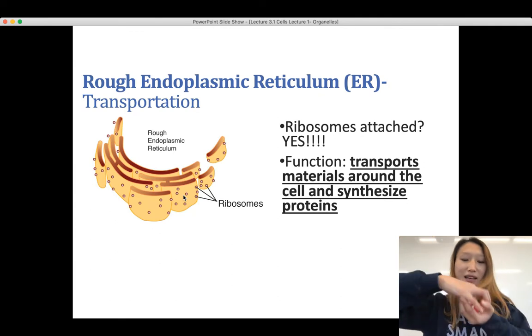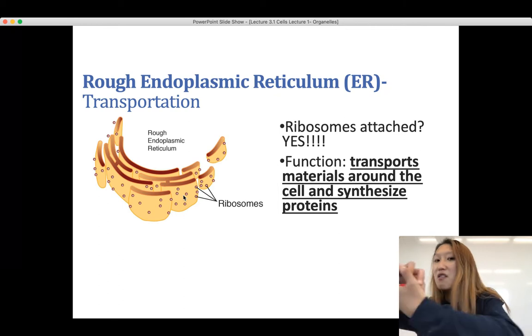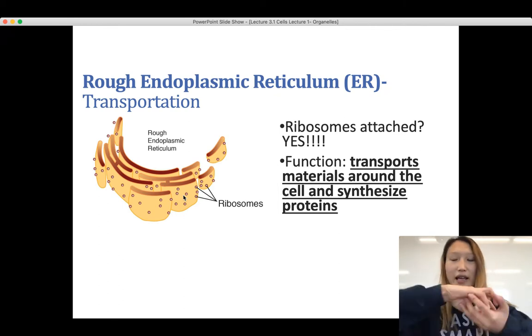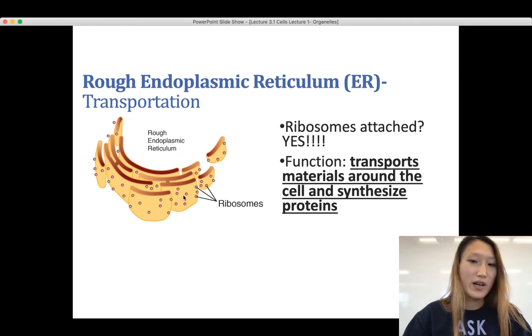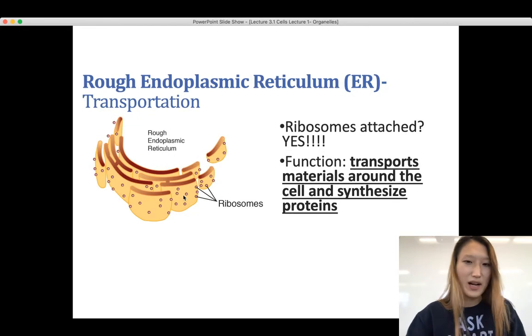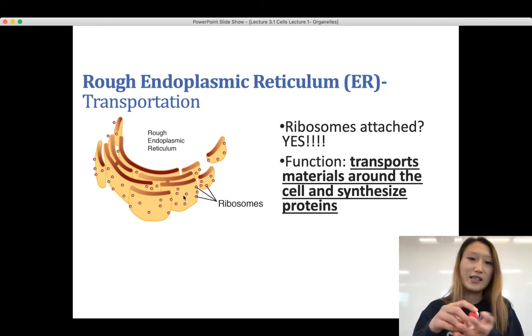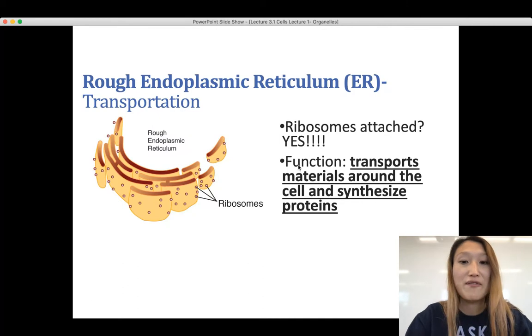This is a good thing because now this vesicle can go to a specific place inside the cell. It can move on, right? It's kind of like if you make cupcakes at the house, but you want to give those cupcakes to someone else, you might want to put them in a little container, right? So these are the proteins that are getting shipped off to somewhere else. So rough ER is in charge of that.